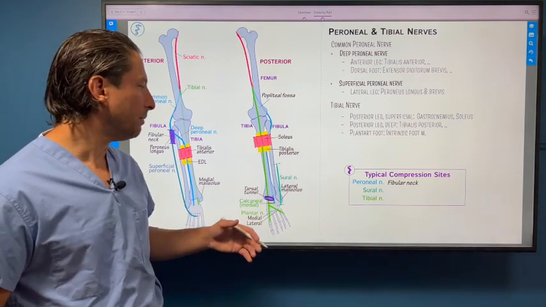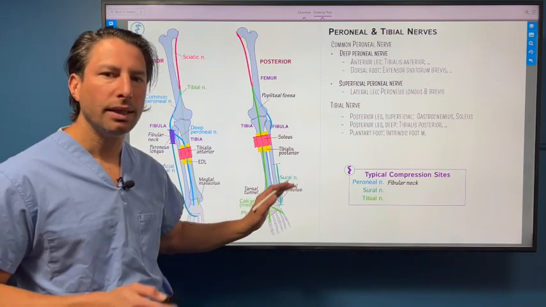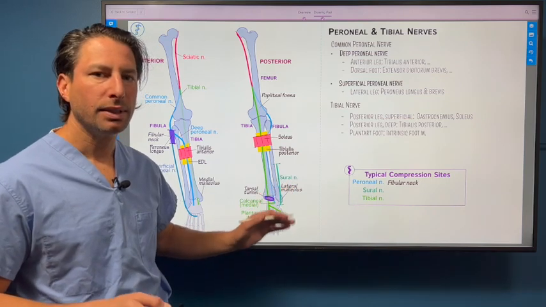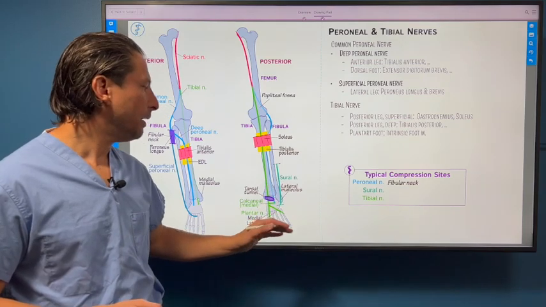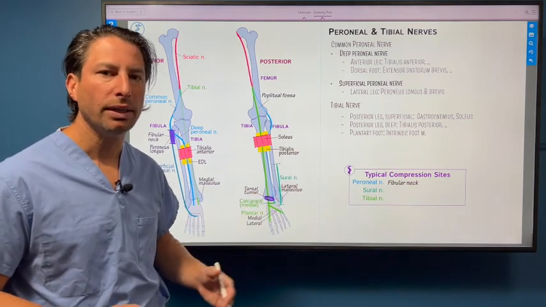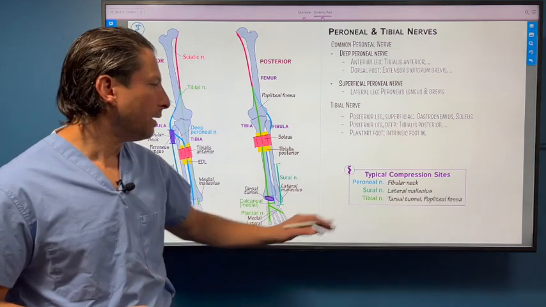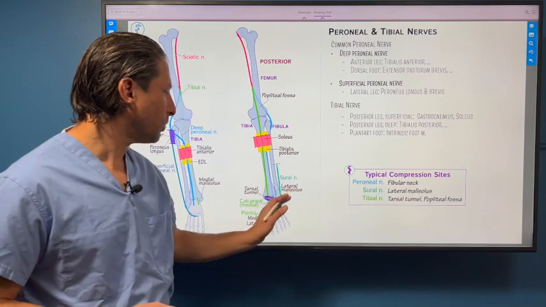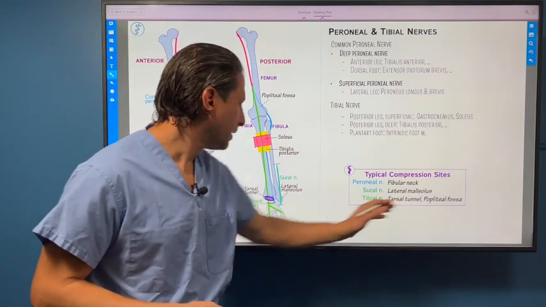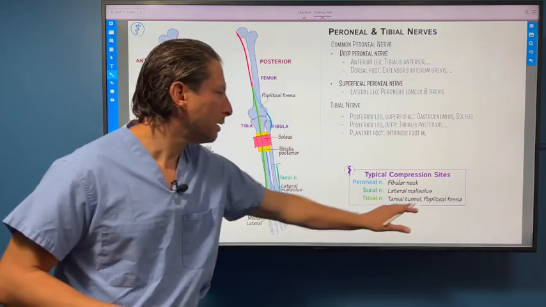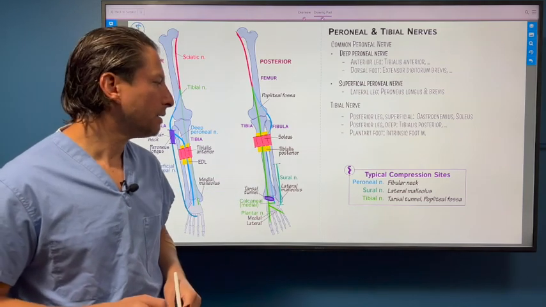It takes innervation from both the peroneal and tibial nerves, and we use this in EMG, nerve conduction studies, to assess sensation in the lower extremity. It's very distal, and it's affected pretty early in peripheral neuropathies, such as diabetic polyneuropathy. So lateral malleolus is a key compression point for the sural nerve, and then for the tibial nerve, like we talked about, the tarsal tunnel down here. We hadn't mentioned it, but the popliteal fossa is also an important potential compression site for the tibial nerve.